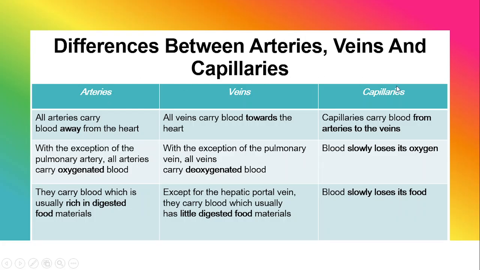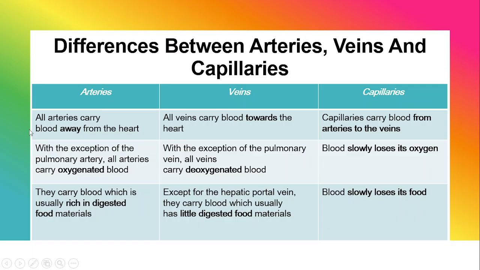Then, differentiating the capillaries from the other two vessels, the capillaries just carry blood from the arteries to the veins. So you can differentiate these three blood vessels in terms of their function in this way.